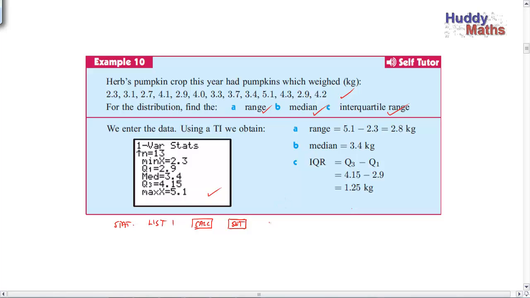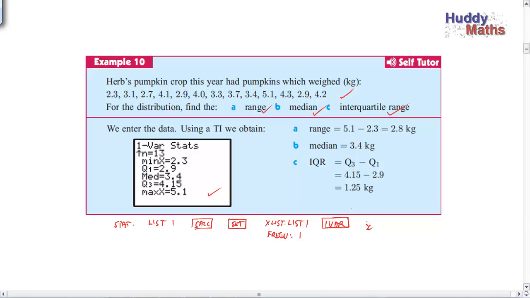If you hit setup, you want the X list or the variable list, list 1, or whatever list you put it in. And because each of these occur only once, you've got to adjust frequency to 1. If you execute that and then hit 1, up comes on the left hand side of your screen a whole window, won't you?